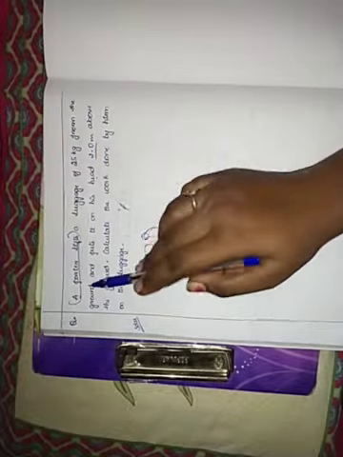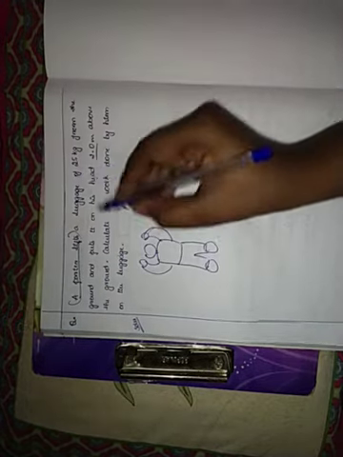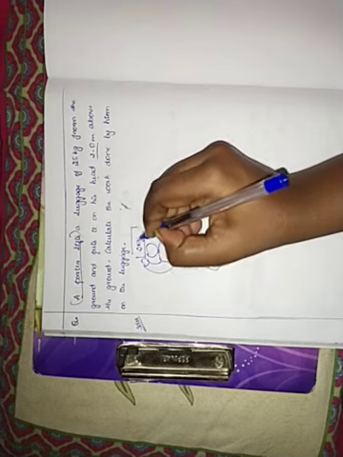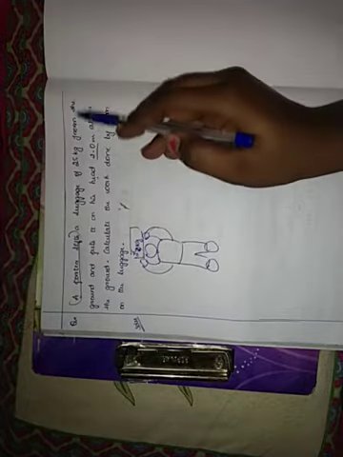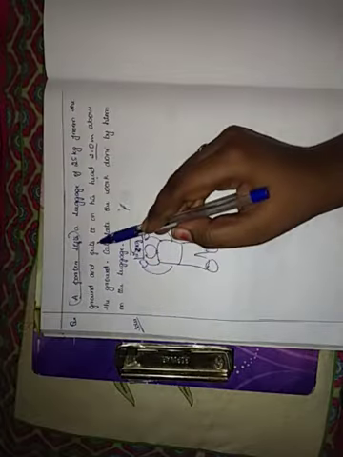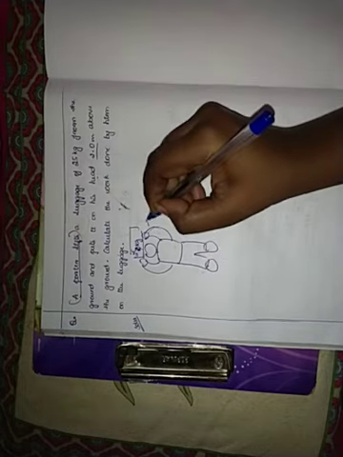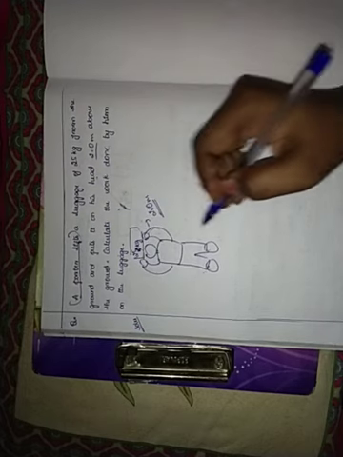So this is a porter, he is lifting a luggage of 25 kg. Assume this as 25 kg. He lifts it from the ground and puts it on his head, that is 2.0 meters above the ground level.